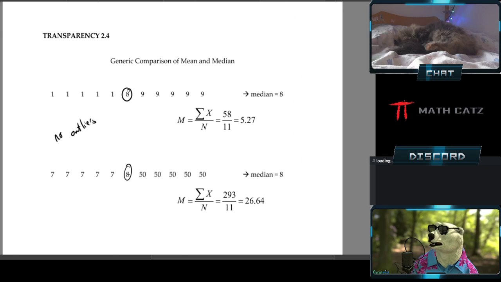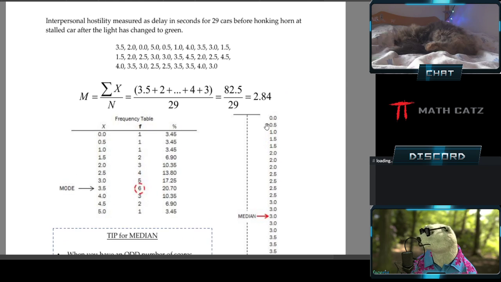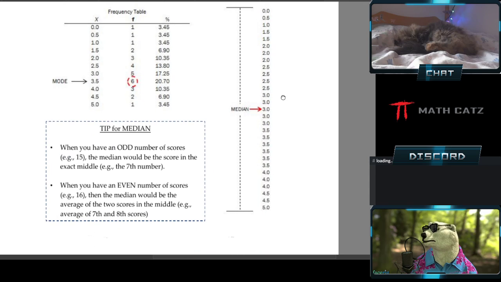All right, let's look at the next slide. Horn honking example again, which I don't think we've done for the median. We've done the mode, then the median. I arrange all these, which can be very tedious to do by hand. We shall see. Look for the middle one. Median is 3.